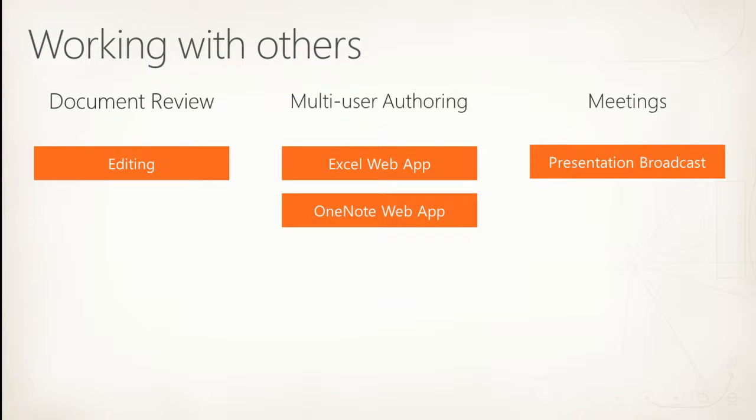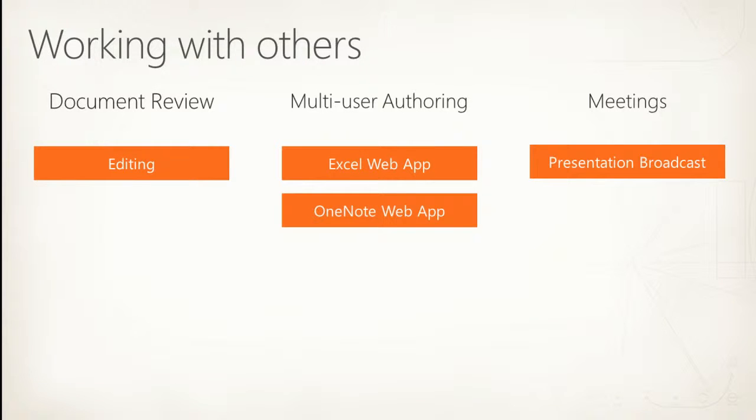In the Office 2010 web apps, editing was the core part of the scenario. That's why we didn't just deliver viewers. We wanted you to be able to share a document with anyone, even if they didn't have Office, and still get work done. Multi-user authoring is this idea that you both can be in the document at the same time.